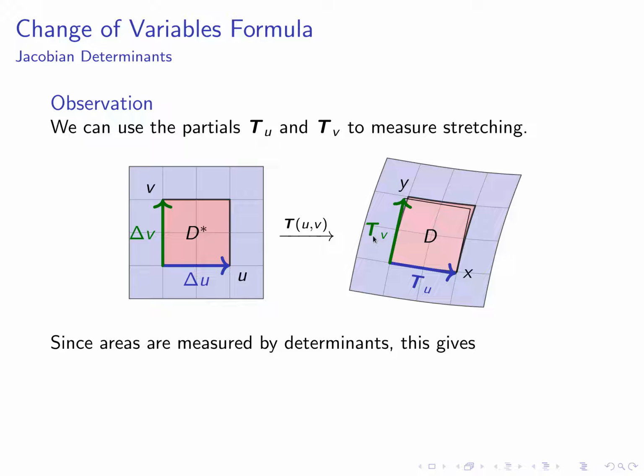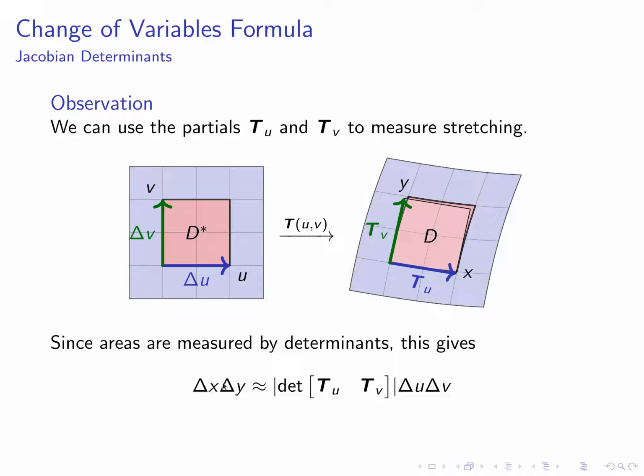So maybe if we wanted to be more formal about it, the idea is that areas in two dimensions are measured by determinants. So what is this telling me? Well, if we look at this figure to the right, what we're looking at is the region D, where the actual region itself has a sort of contortion to it. But if we look at the partial derivatives as vectors, T sub u and T sub v, we're looking at a small parallelogram that approximates the area of that region.